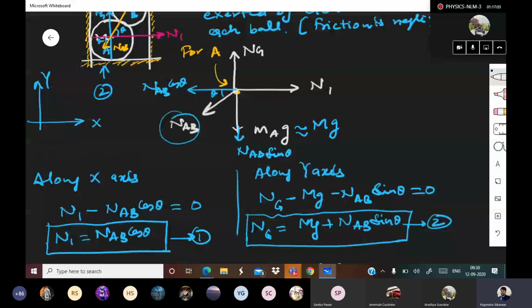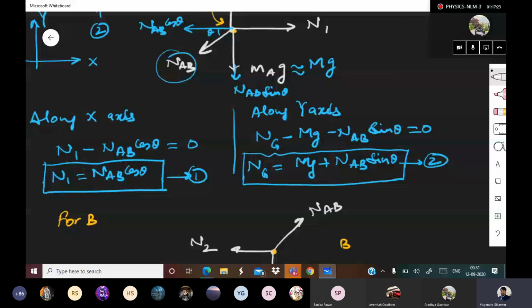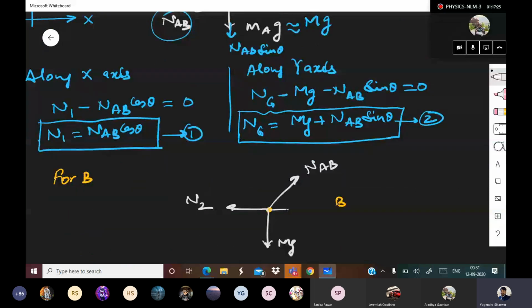Only these three forces will be there for B. One due to wall, one due to gravity, and one due to normal reaction between A and B. Also, this angle will also be theta. Correct?